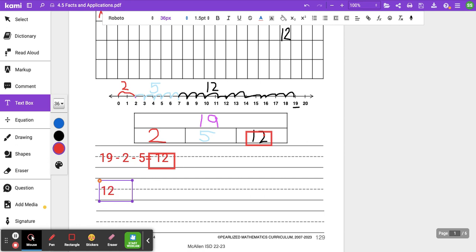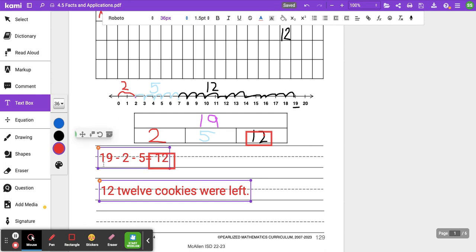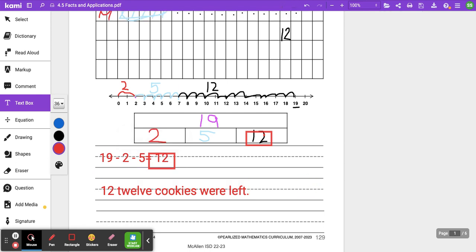You could say 12, and write out that word too. 12 cookies were left. Period. 12 cookies were left. And I know that because 19 minus 2 minus 5 is 12. There you have it. Go ahead and push pause, and you can restart the video when you're ready.